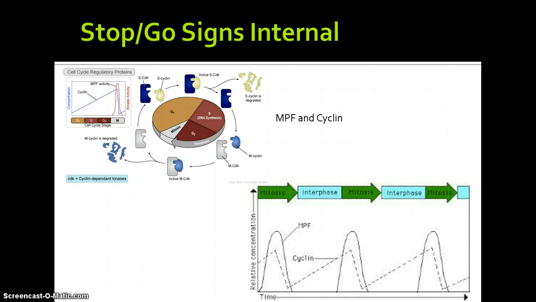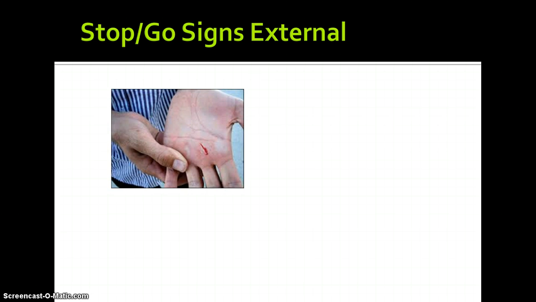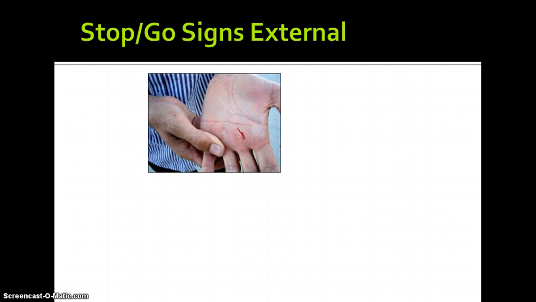So here we have external signals that affect the control of the cell cycle, and PDGF, or platelet-derived growth factor, represents an external signal that is required for the division of fibroblasts, which are essential in wound healing.